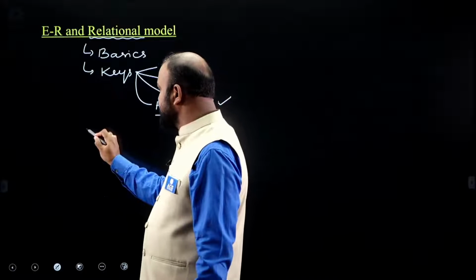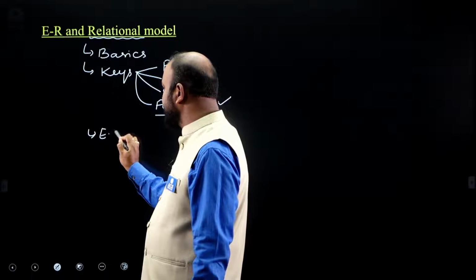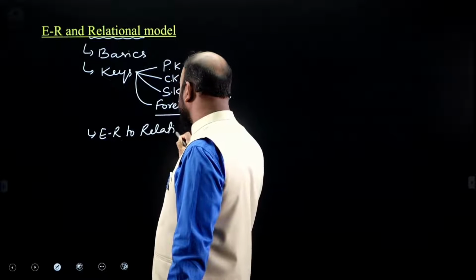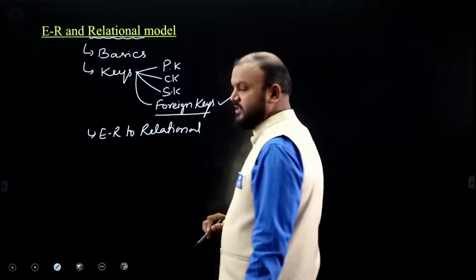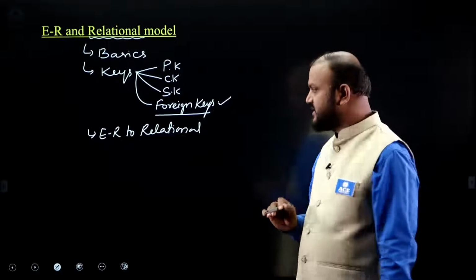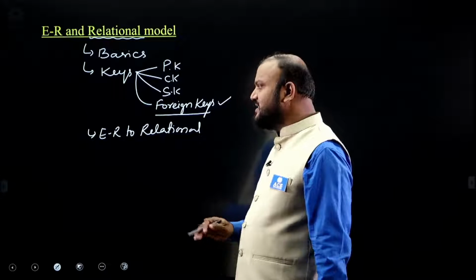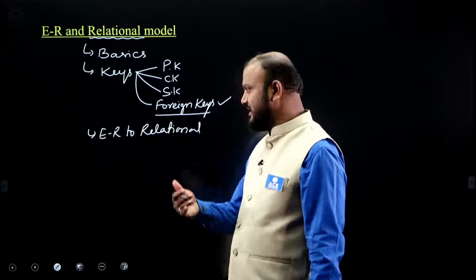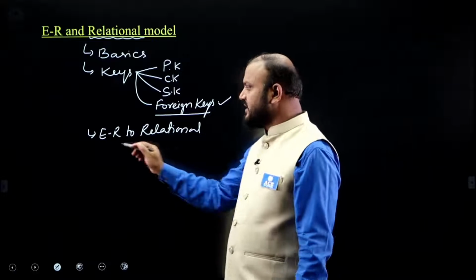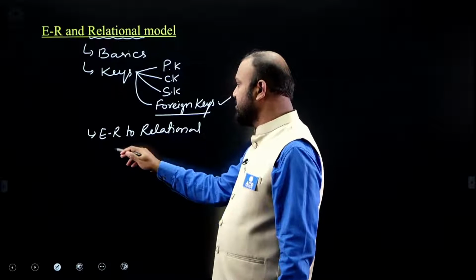Questions were also asked on conversion of ER to relational model. Something around 6 to 7 questions you can see in the previous GATE. And conversion is very easy if you know the approach. There are a set of rules and strategies, and by using them you can easily convert an ER model to a relational model.